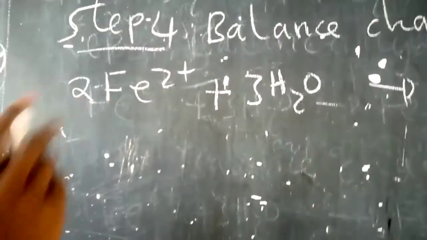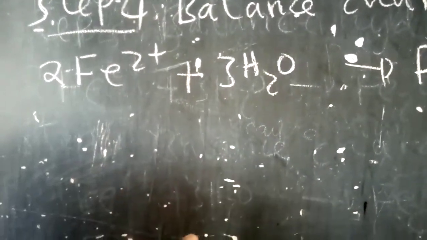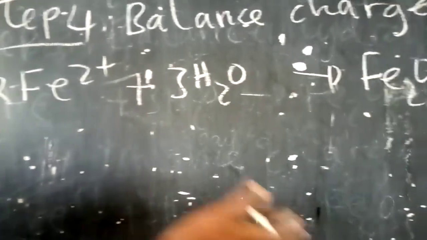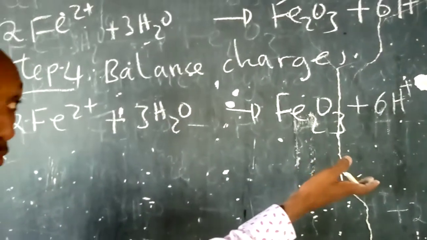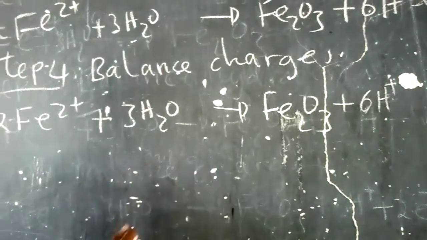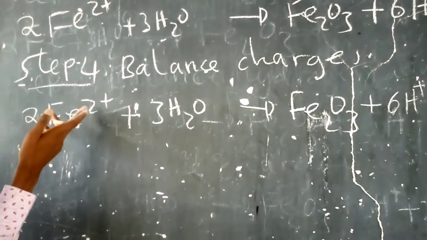When you are going to balance any equation, first of all, look at your materials in the reactant side and balance them with the product side so that they can be in equilibrium. Now here, how many charges do you have?